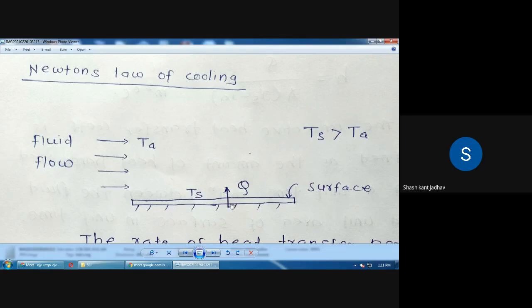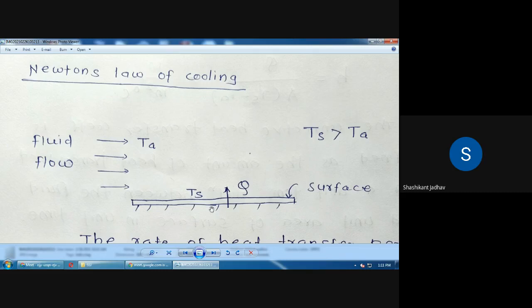Because of this hot plate, heat transfer takes place from the higher temperature region to the lower temperature region. Whatever fluid flows over that surface, the heat transfer takes place from the surface to the fluid, because we are considering Ts greater than Ta. In this way heat transfer takes place because of the motion of the molecules.